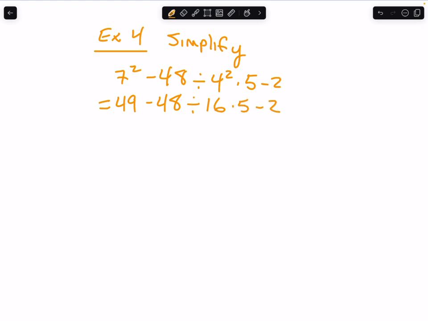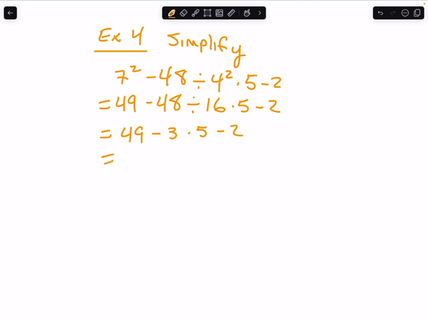Okay, now we're done with exponentials. We now need to deal with multiplications and divisions from left to right. So we have 48 divided by 16 and then times 5. Well, 48 divided by 16, negative 48 that is, negative 48 divided by 16 is negative 3 times 5 minus 2.